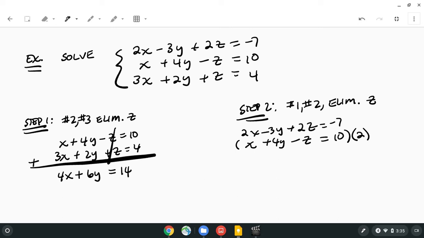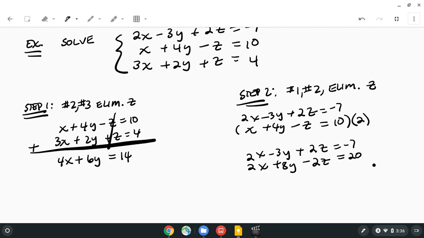Okay, so then the first one remains the same. And the second one becomes 2x plus 8y minus 2z equals 20. Now the z's will eliminate. Okay, so again, if you eliminated z here, you have to eliminate z here.